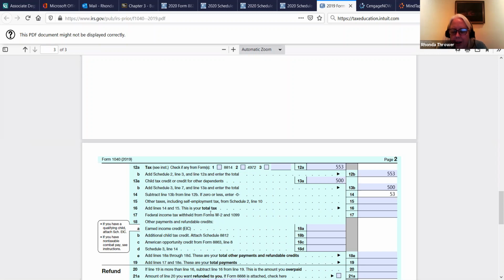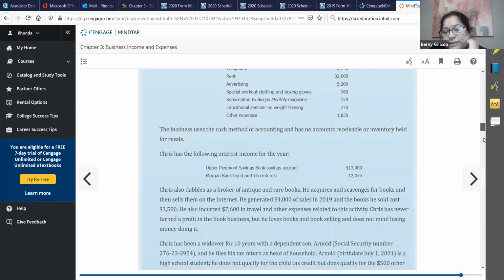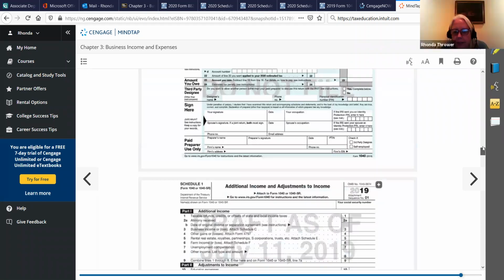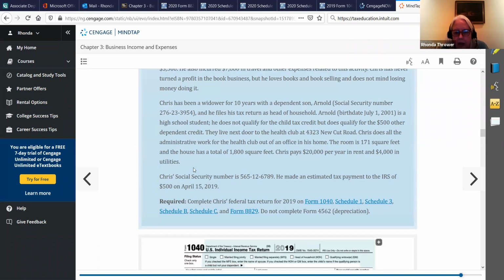So at the very bottom of this problem, there was another $500 amount that they mentioned. And that $500, the prepaid taxes. Yes, that's it. It was right down at the bottom here about the prepaid taxes. That's where that $500 comes into play, right there.